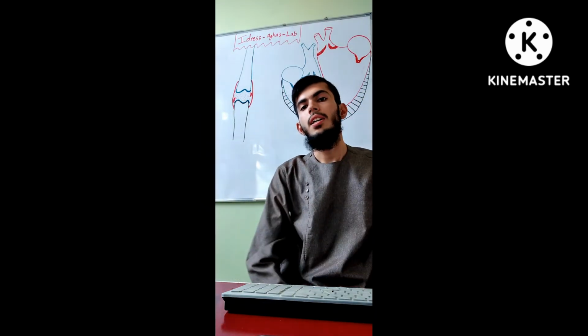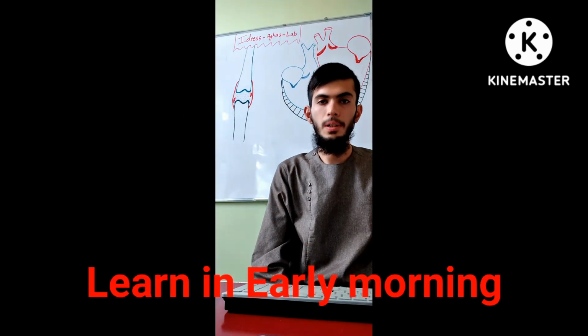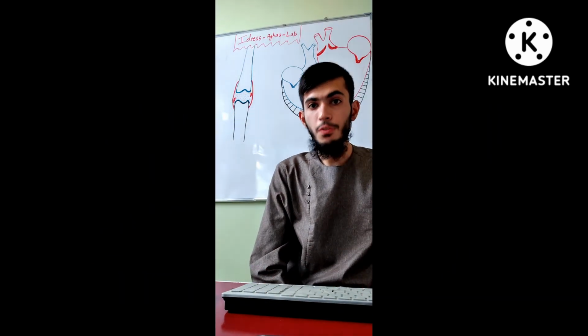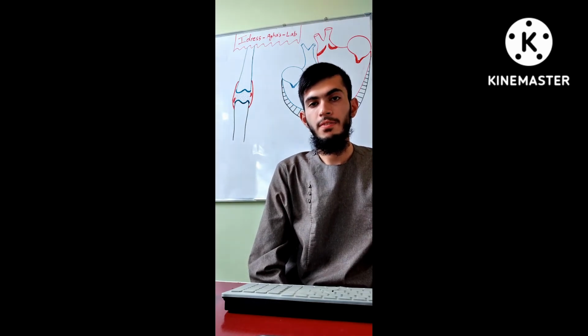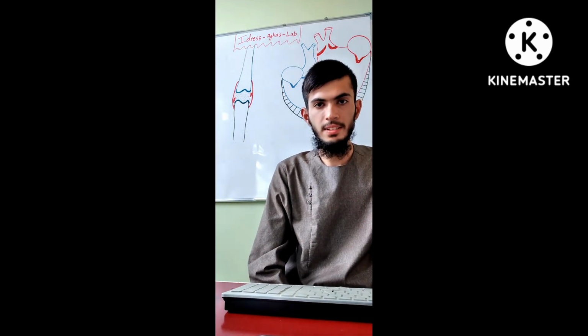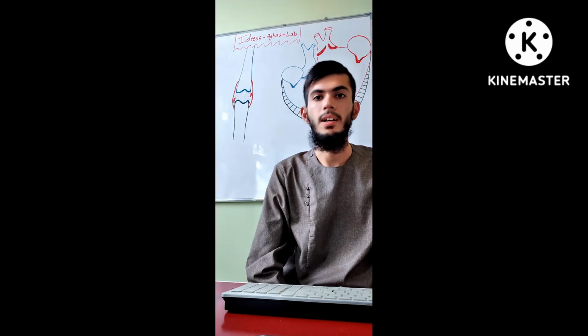The final step for learning something effectively is to learn something in the early morning. Of course, from 4 a.m. to 6 a.m., because during that interval our brain functions better, because during that time our brain function is 100% compared with the night time, because when you're learning something at night, at 9 or 10 p.m., at that time your brain function is 20%, 5 times less than morning time.